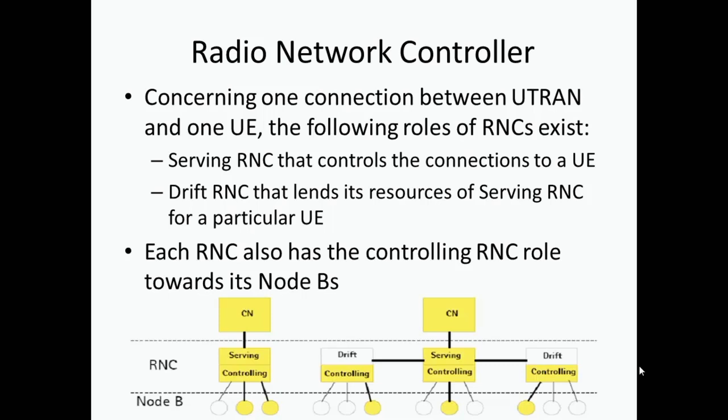While connecting to the UE, the RNC first provides the connection to the UE, then the drift RNC lends resources of the serving RNC for a particular UE. Each RNC also has the controlling RNC role towards its Node Bs. Pictorially, it is shown here.